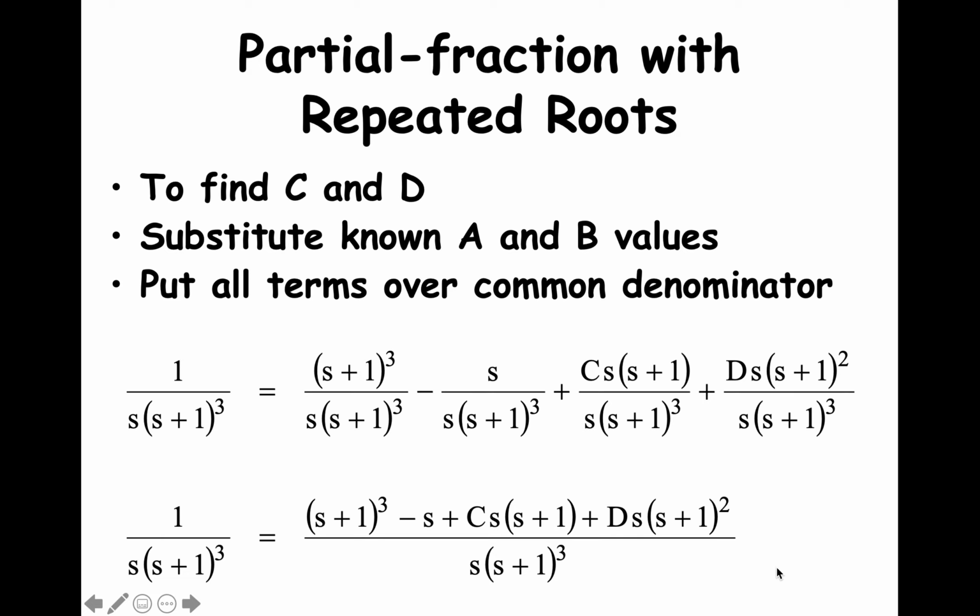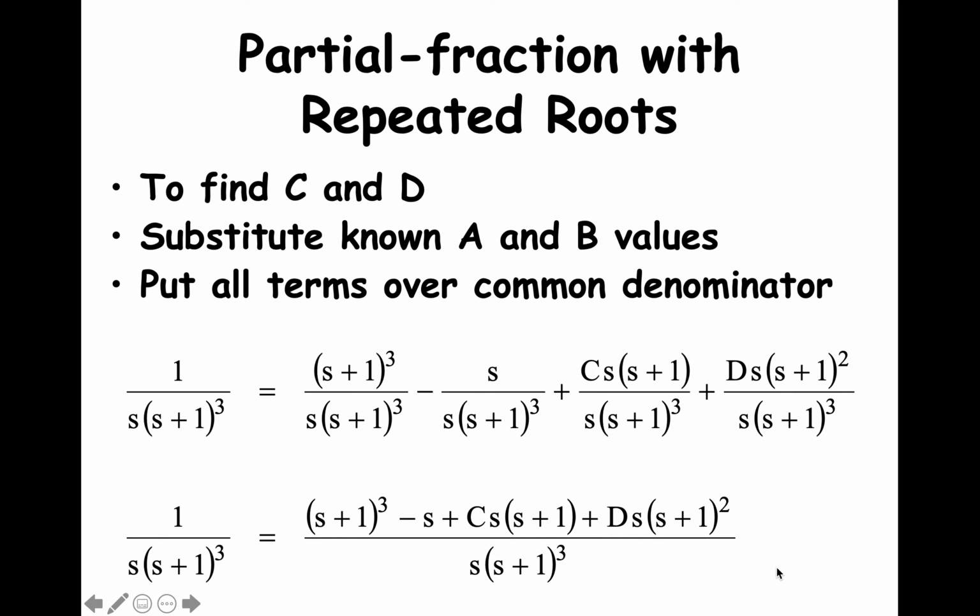We start by substituting in the known values for a and b. Then, we put terms over a common denominator, which is the same as the denominator on the left side of the equal sign, s times (s plus 1) cubed. We do this by multiplying the first term on the right side by (s plus 1) cubed over (s plus 1) cubed.